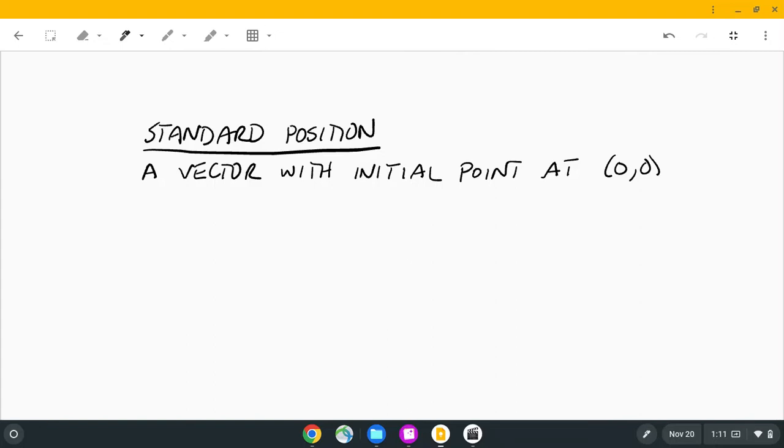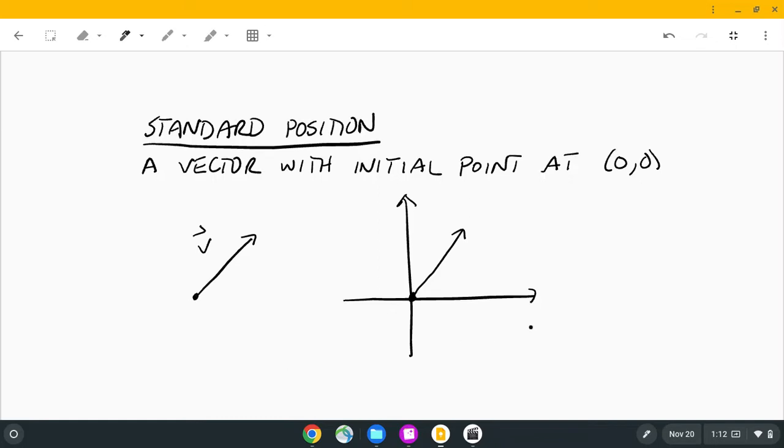So if I have this vector v hanging about in two-dimensional space, it's not in standard position, but then if I move it so that the tail is at the origin, then I would have this one here, and you would see that they still maintain the same direction and the same magnitude, okay?